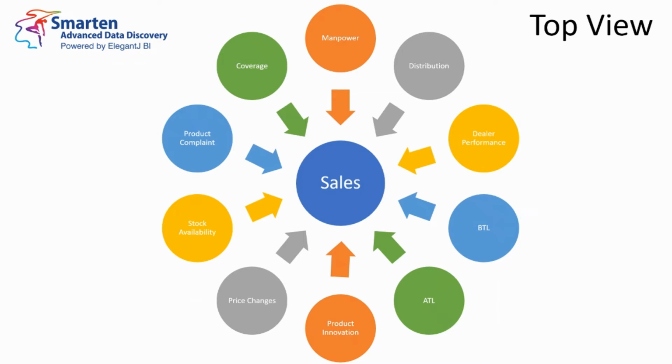Now, usually what's the requirement? The requirement is that there are data sets or data silos or databases which are in different systems or in different formats or different files, which need to be merged together to make sense and run the predictive analytics on.